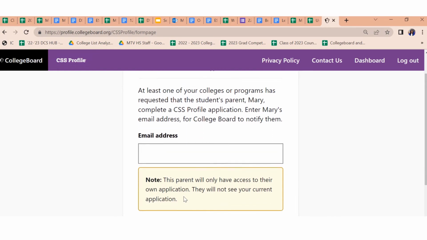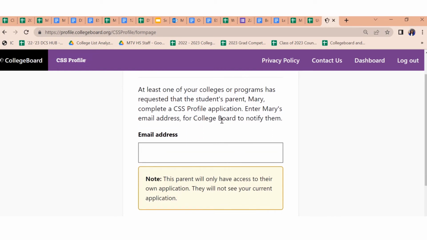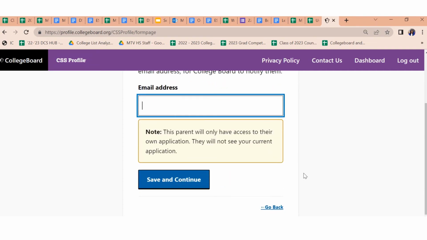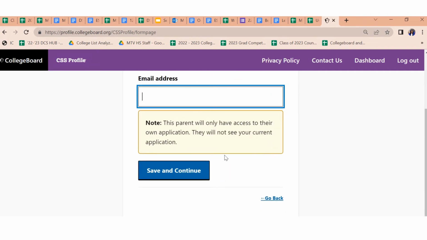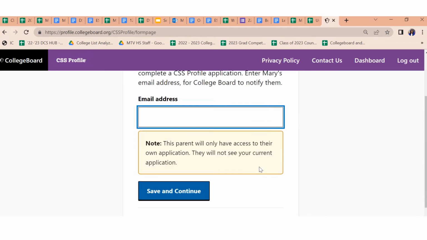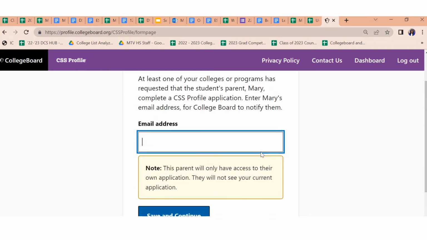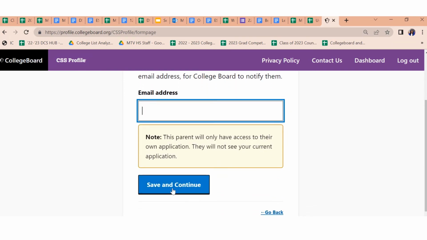The non-custodial parent will actually do their own CSS profile, and providing that parent's email address here is how they will be prompted to do that. They will not see the custodial parent and the student's CSS profile, and you will not see theirs. So if you have that non-custodial parent's email address, you will enter that here and save and continue.